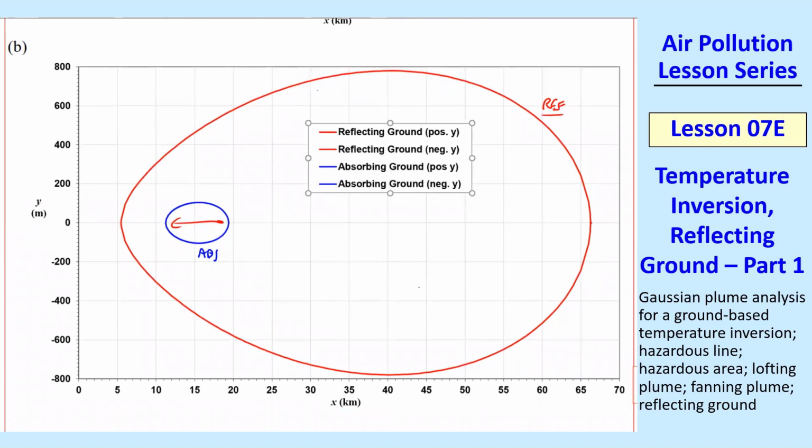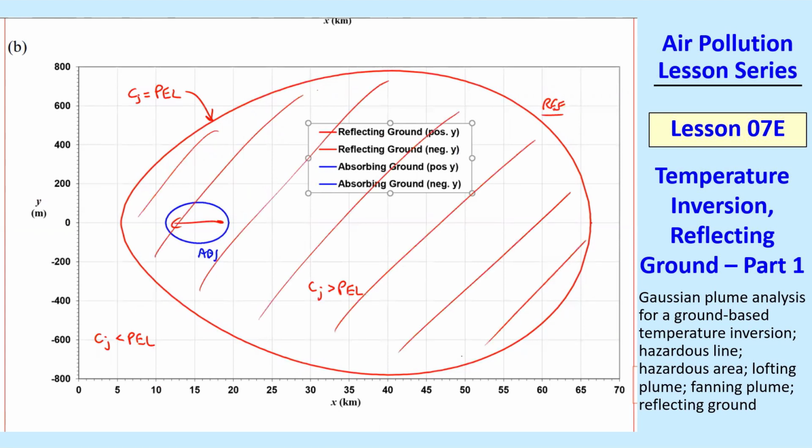And I mentioned this previously, I think, but I may not have actually written it down. So I'll take this time to make sure you know what we're plotting here. By now you should, but this line is where Cj is equal to PEL. Inside the egg, Cj is greater than PEL, and outside the egg, Cj is less than PEL. So that's why we call it the hazardous area. So everything inside here is the hazardous area.